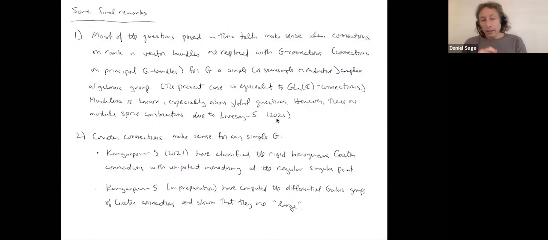For GLN, Kamgarpour and I have shown that Airy G connections are always rigid. What this means in general is that the moduli space is finite. But in GLN, it turns out that that is equivalent to the moduli space being a singleton. That's due to Katz and Arinkin.